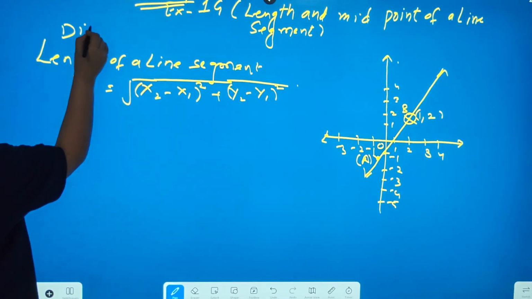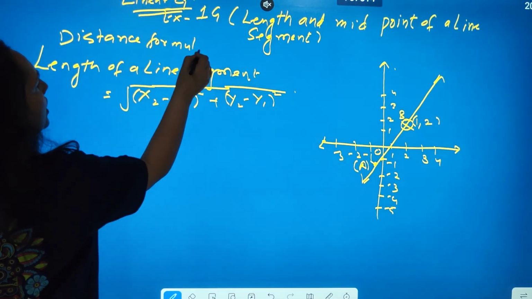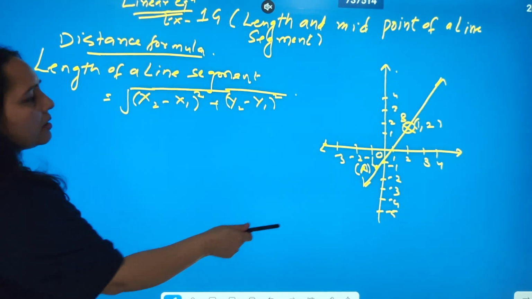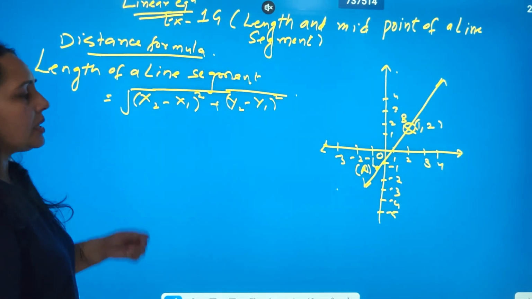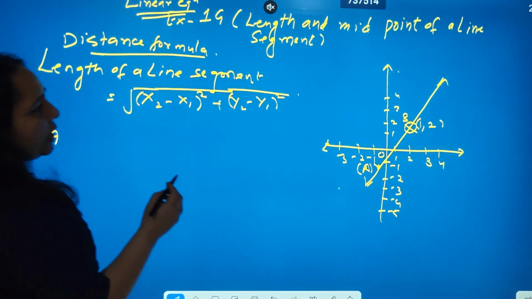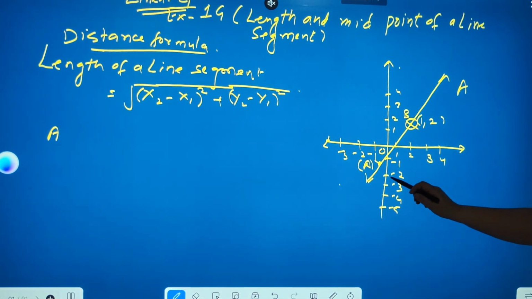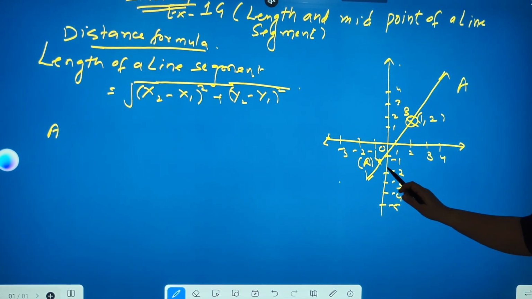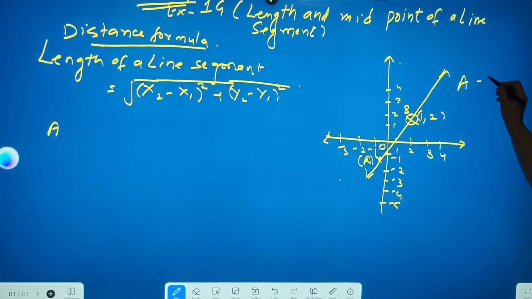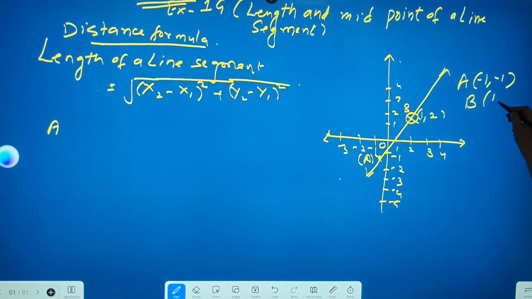Here in this graph you can see the coordinates of A are -1 and -1, and the coordinates of B are 1 and 2.